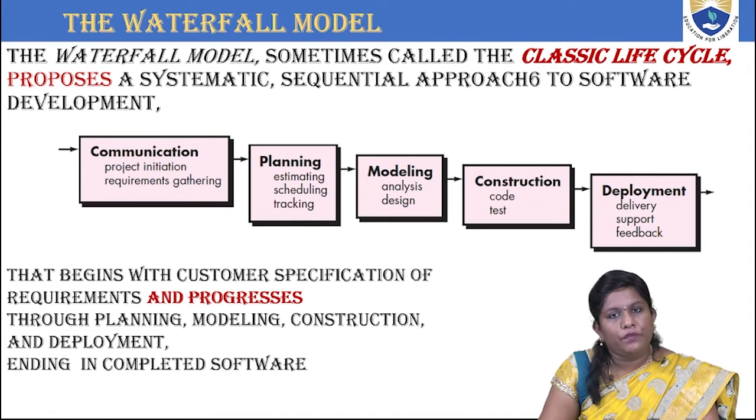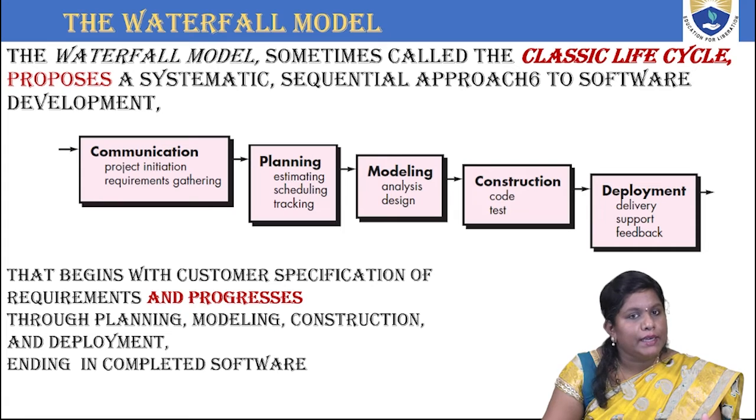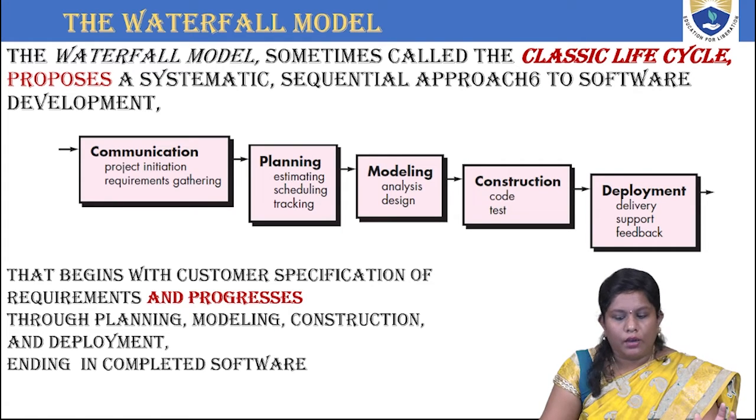Coming to the definition, this is also called the classic life cycle process, right? Why is it called classic? Because most of the projects that we take up involve the waterfall model process, which is a systematic, sequential approach to software development.